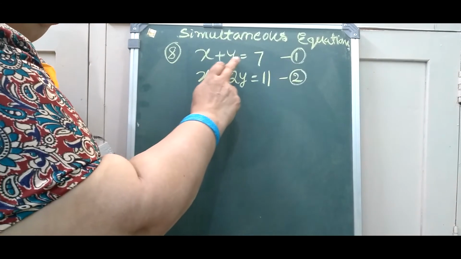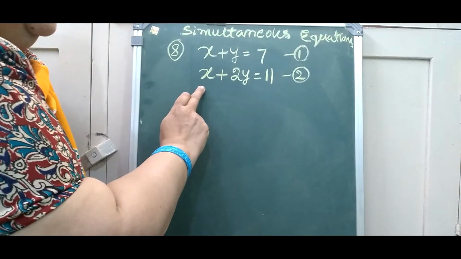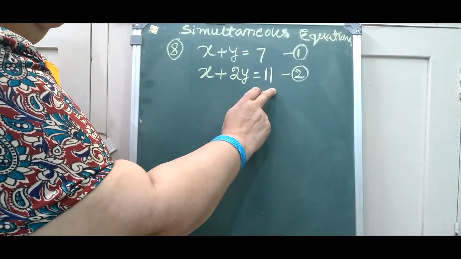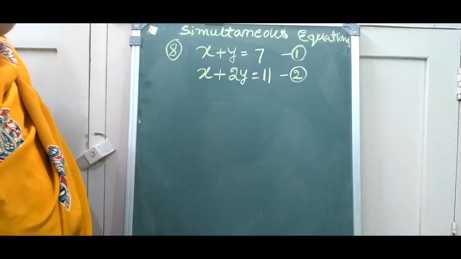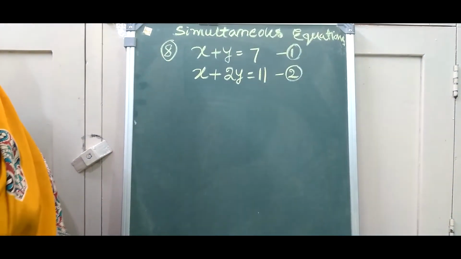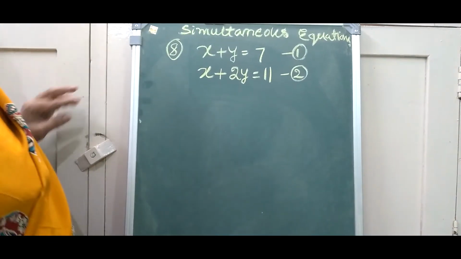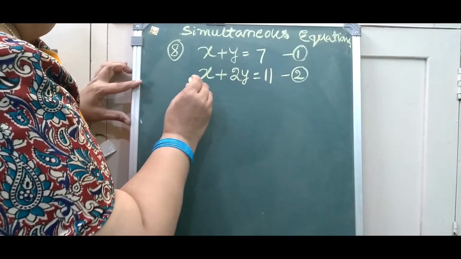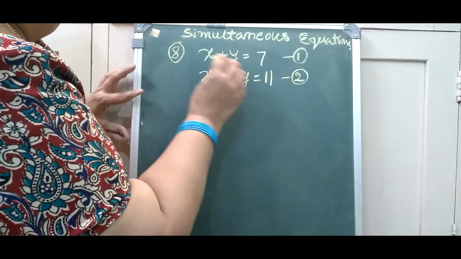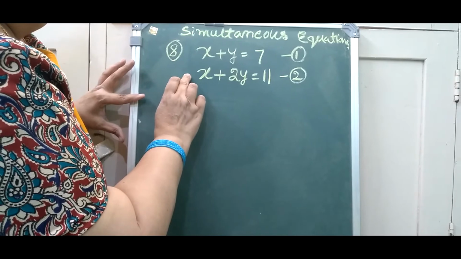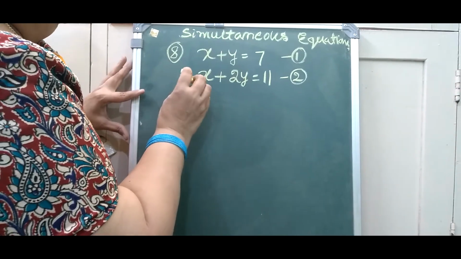X plus y is equal to 7 is the first equation. X plus 2y is equal to 11 is the second equation. Here we can solve this by first writing this one below the other. See, already we have written this one below the other here.